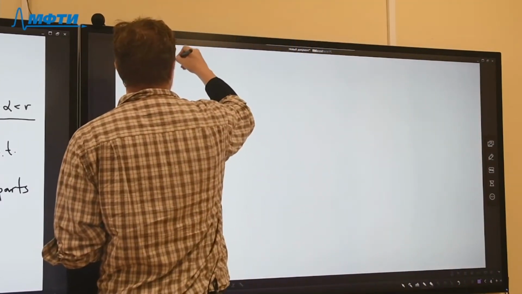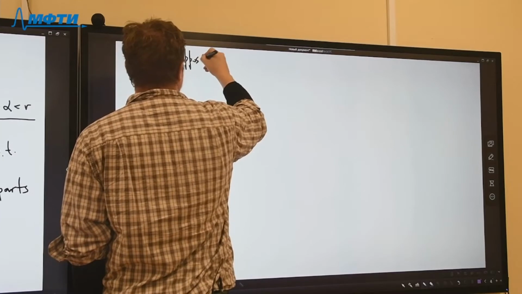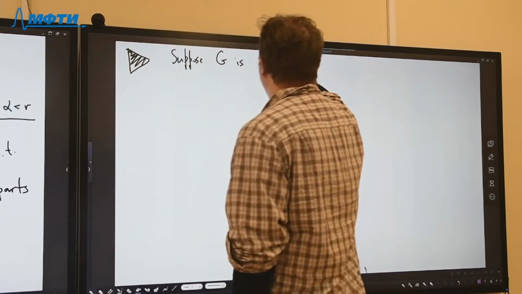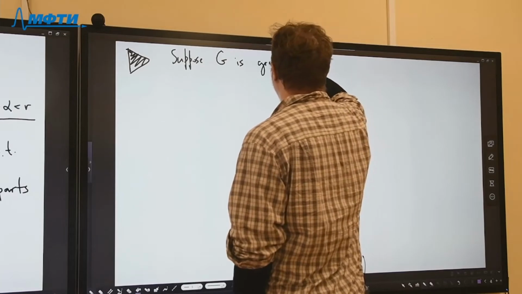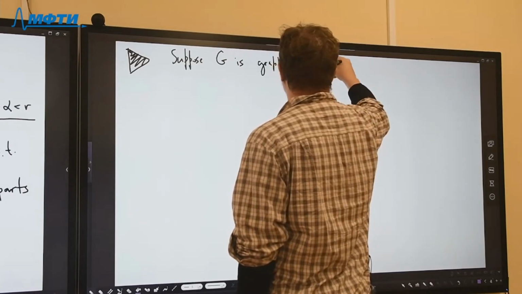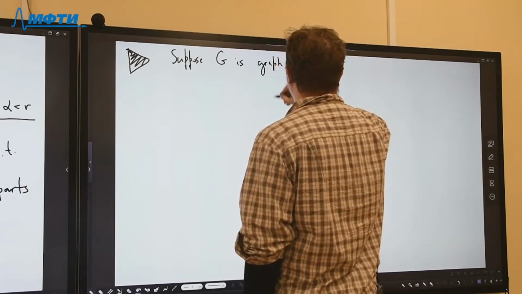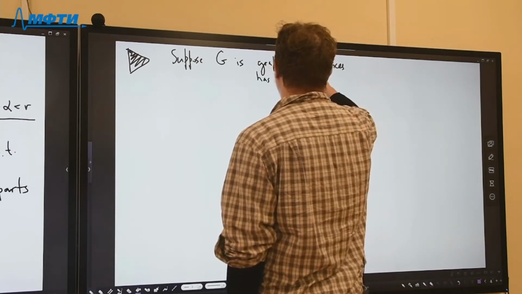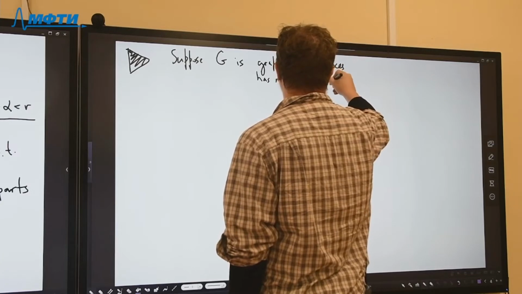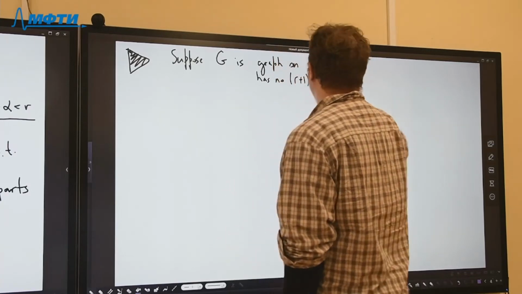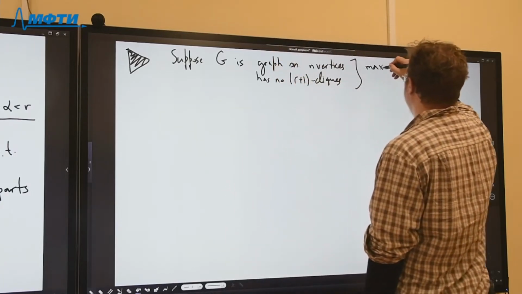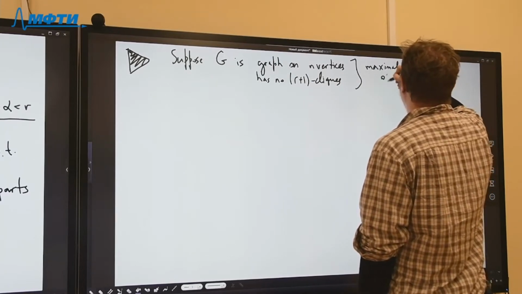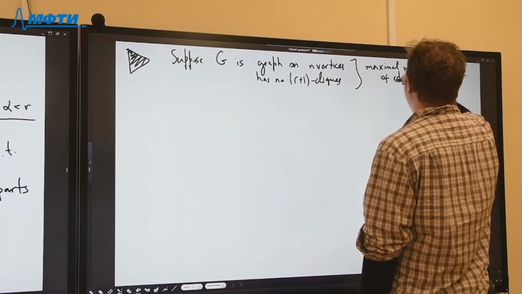So suppose G is a graph on n vertices, has no (r+1)-cliques, and has the maximal number of edges, with these two conditions.